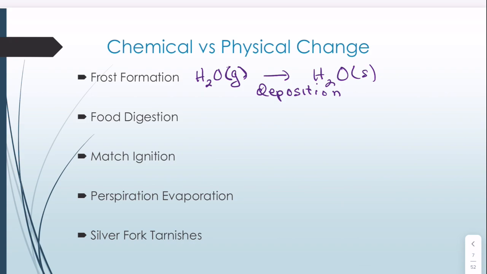All right, that's frost formation. Okay, now, is that a physical change or a chemical change? I'm going to leave that up to you. We'll talk about this later, but is that physical or chemical?